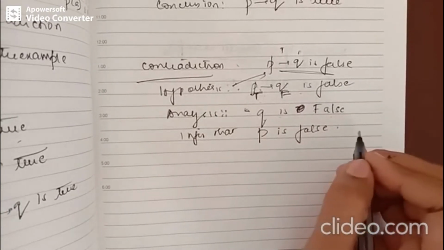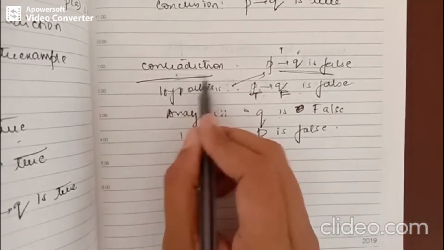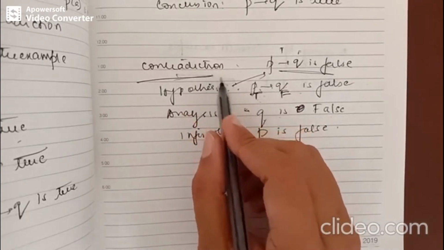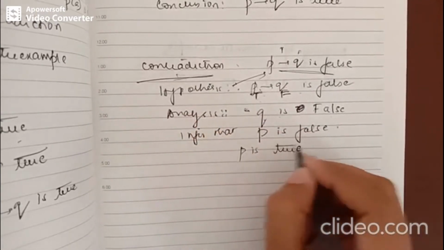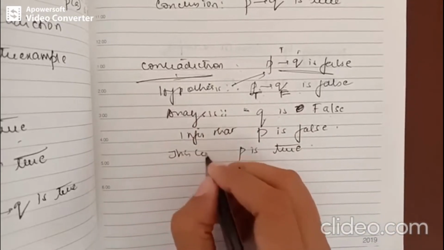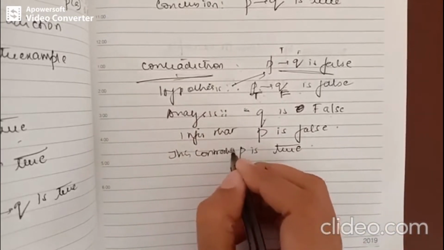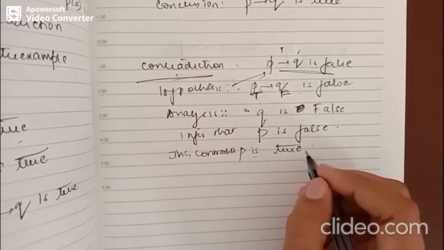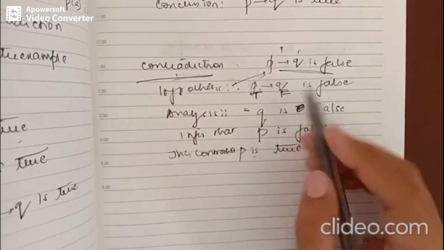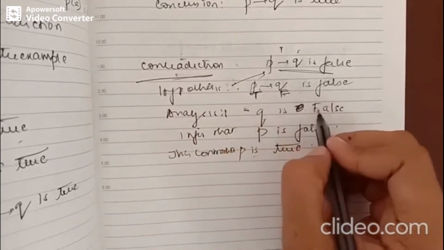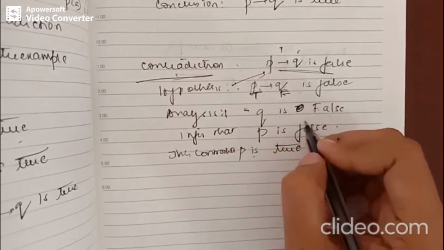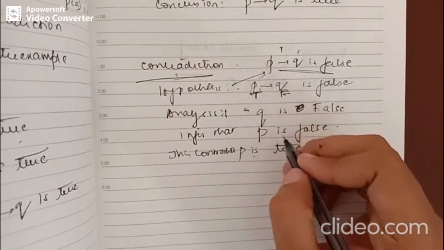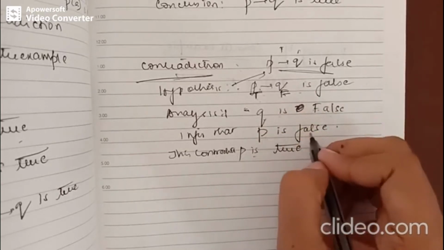This contradicts the assumption that P is true. So in the analysis portion we start with Q is false, and by applying rules or laws of logic, we get the truth value of P as false.